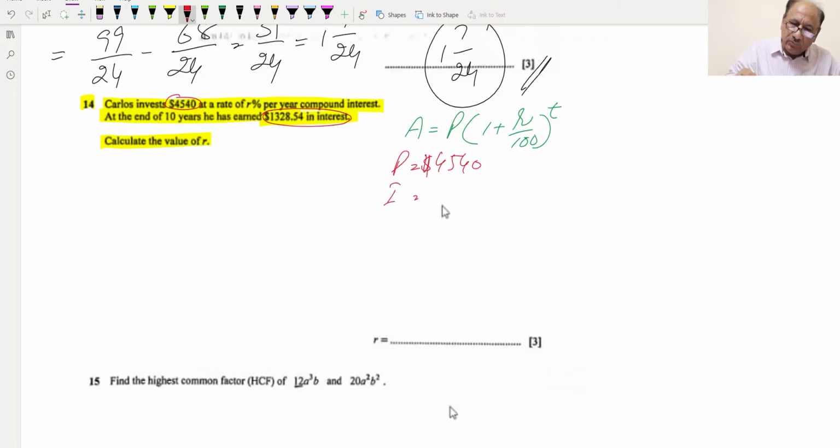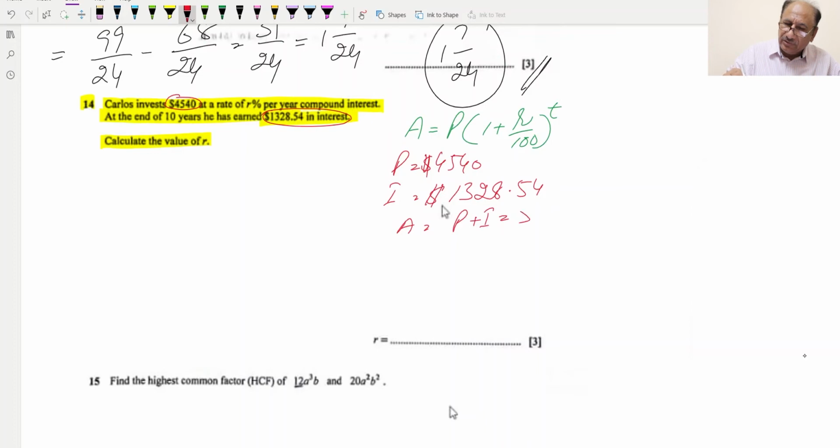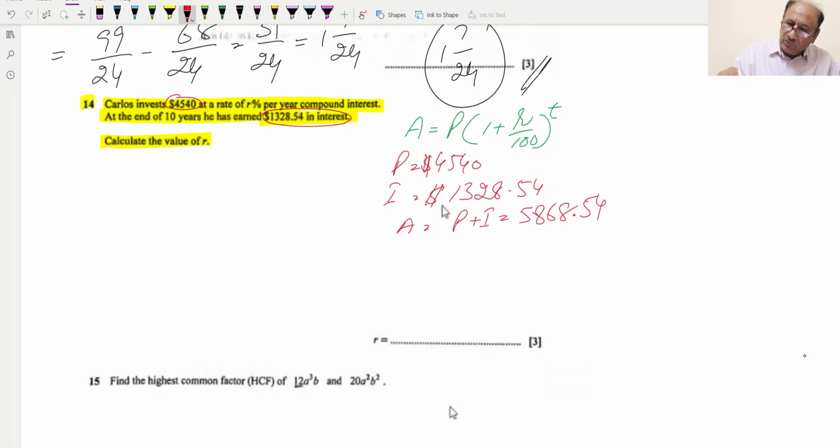So interest is equal to 1328.54 dollars. So we know amount is equal to principal amount plus interest, and this will be 4540 plus 1328.54, and this is equal to 5868.54. So this many dollars is the total amount which is invested.